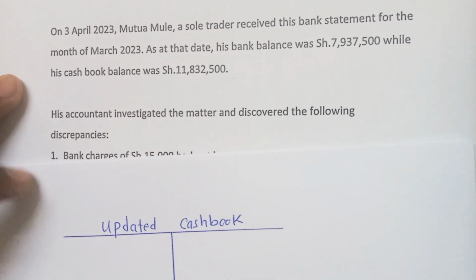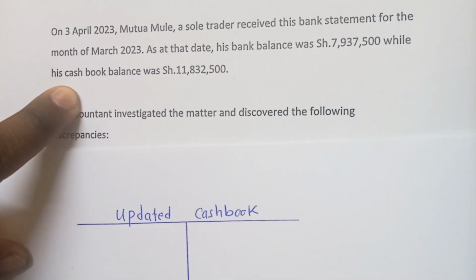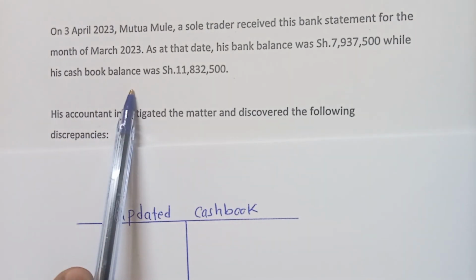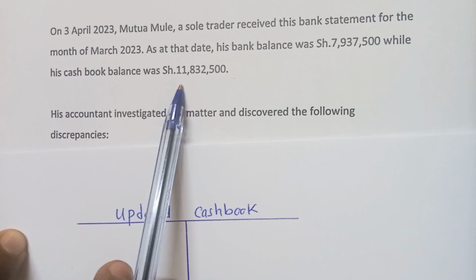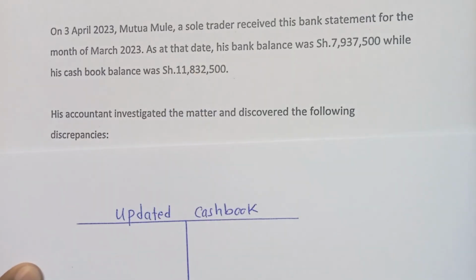So the first thing, because you want to prepare an updated cash book, we need to capture the amount that is reflecting at the cash book, which amounts to 11,832,500 shillings.